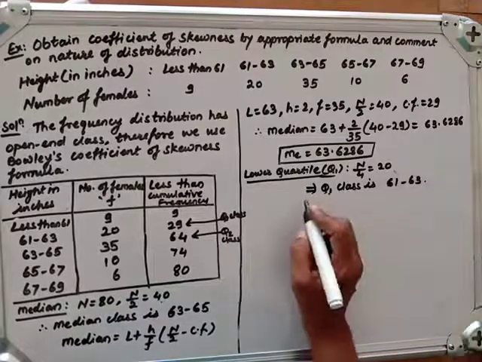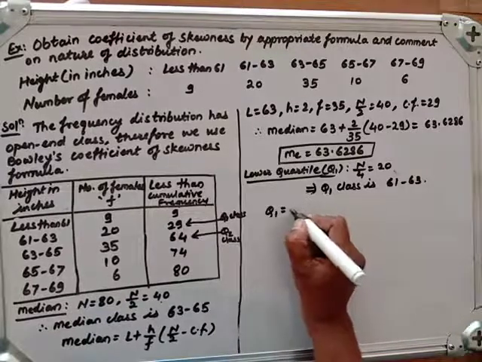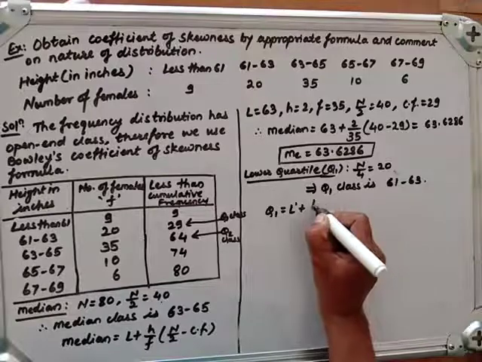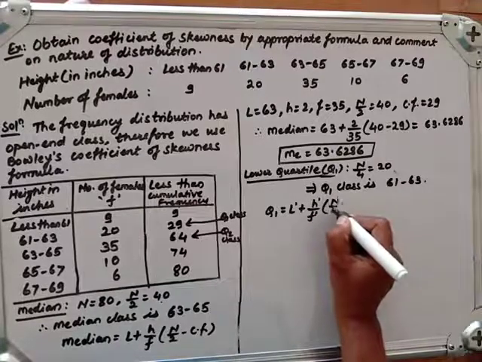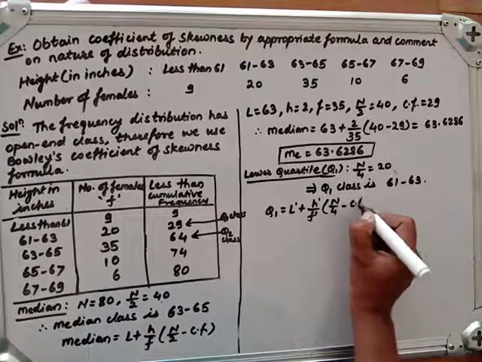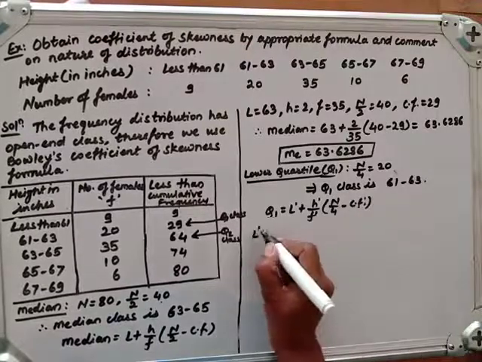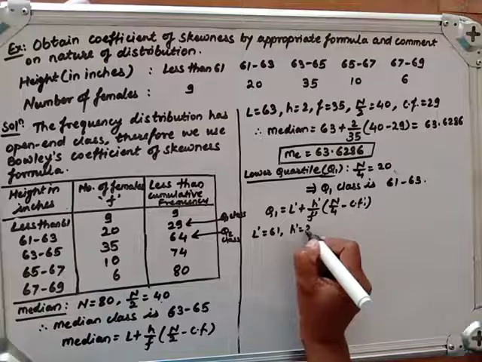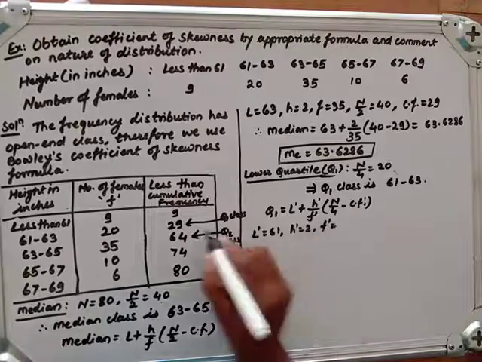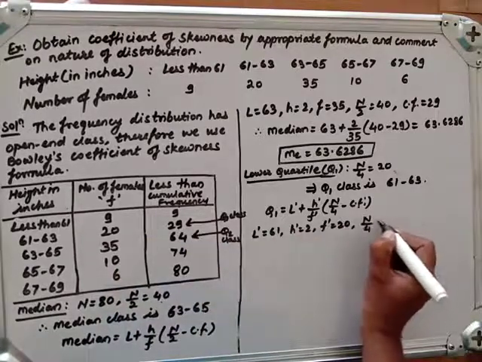Now what is the result for Q1? Q1 is L dash plus H dash upon F dash into N by 4 minus CF dash. Here L dash is 61. H dash is again 2. F dash is the frequency of that class, so 20. N by 4 is 20.